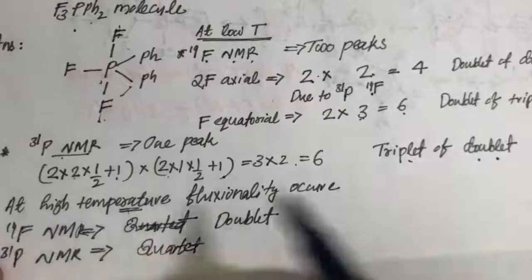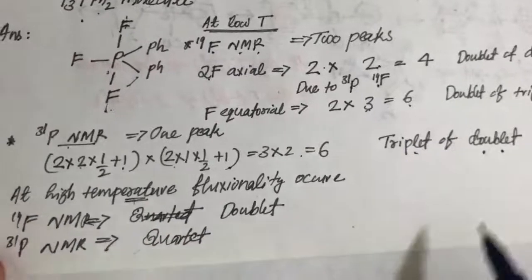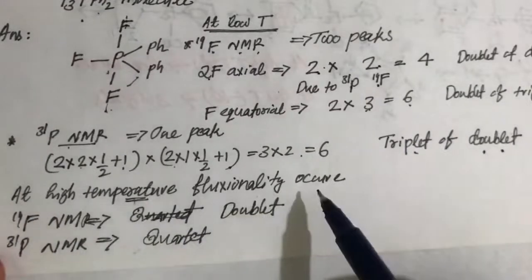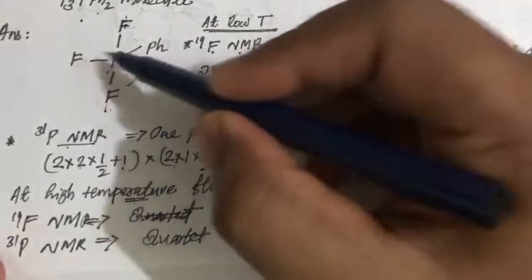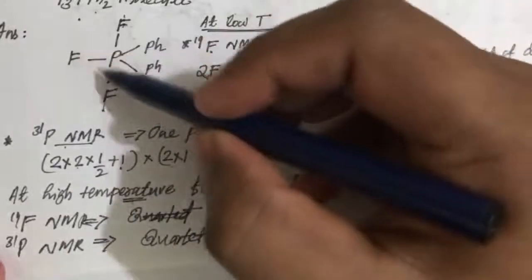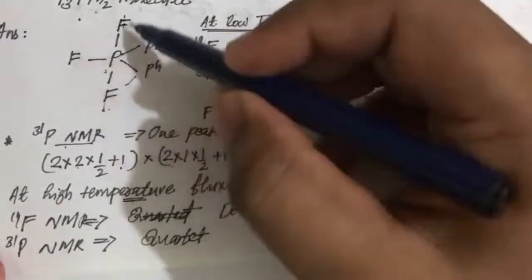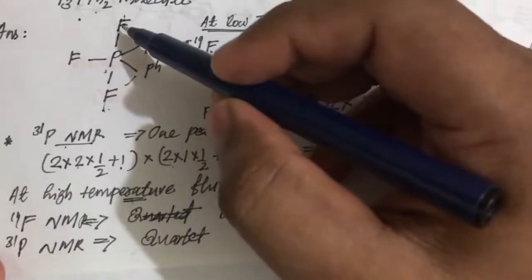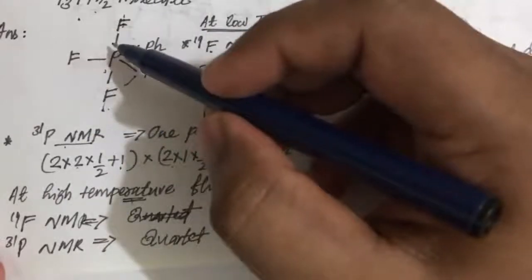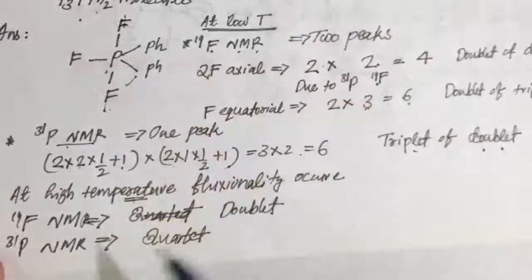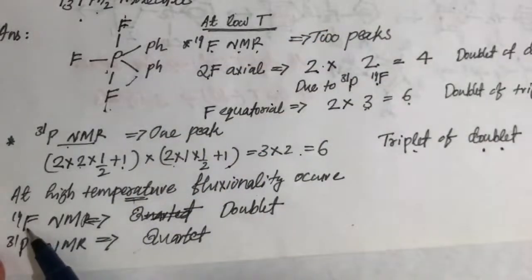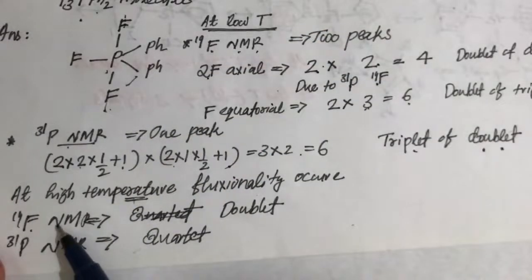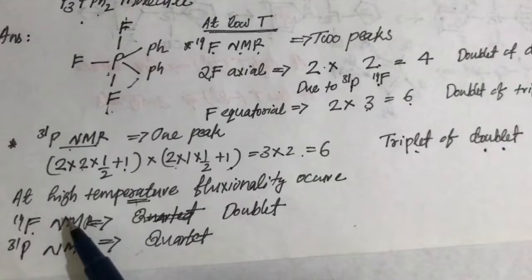Now at a high temperature, what will happen? We know that at high temperature fluxional behavior occurs. That means due to the rapid exchange between axial and equatorial, these three fluorines are the same. Now in the fluorine NMR, all the fluorines are in the same chemical environment, and you can have only one signal.